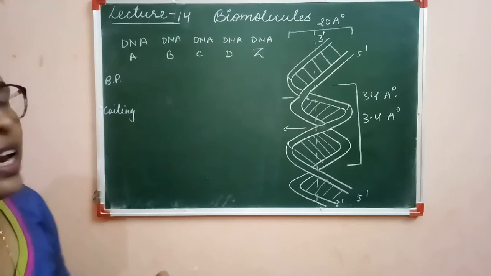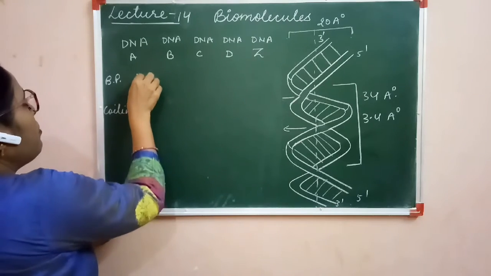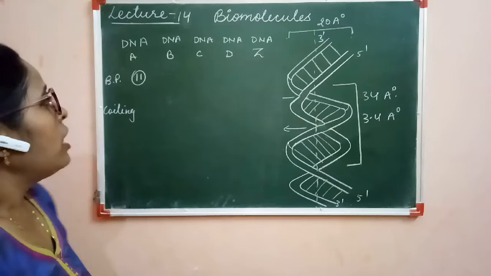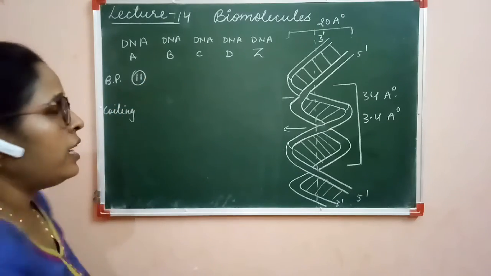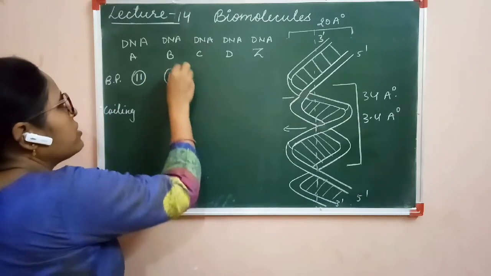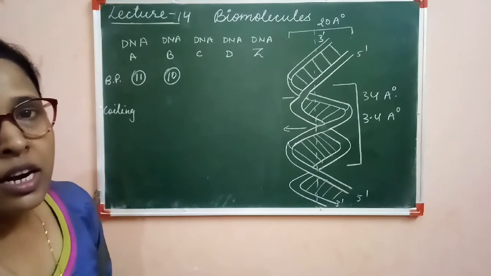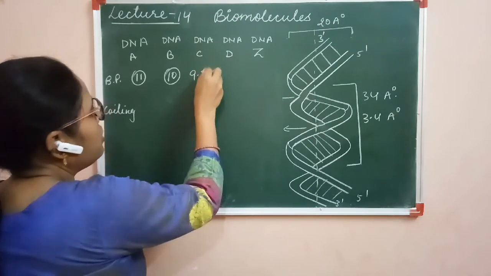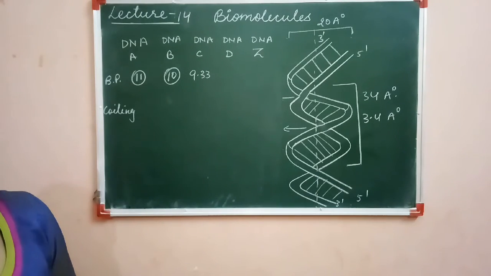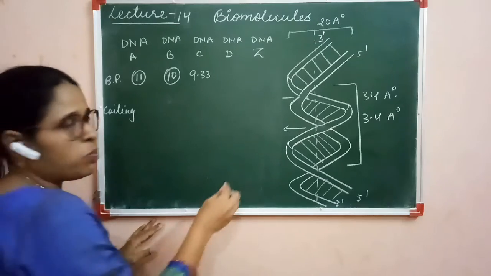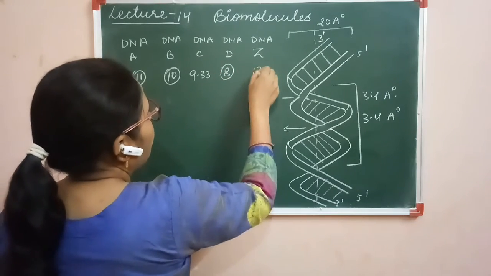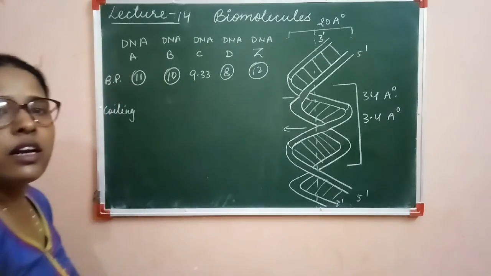In case of DNA A, 11 base pairs are present in one turn. In case of DNA B, 10 base pairs are present in one turn. In case of DNA C, 9.33 base pairs are present in one turn. In case of D, 8 base pairs, and in case of Z, 12 base pairs are there.